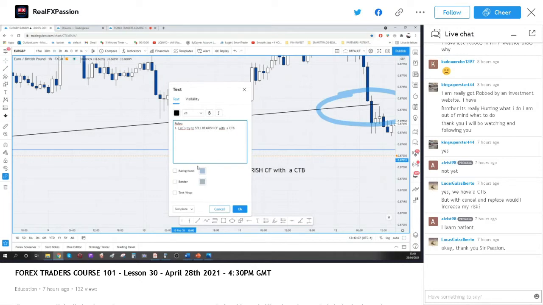Okay, this is something that we didn't do with the bullish. Let's try to sell bearish candlestick formation with a counter trend line break. Number two, stop loss options: the candlestick formation or the trend line.